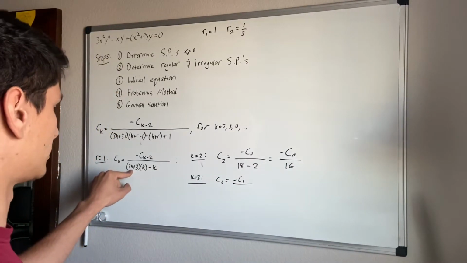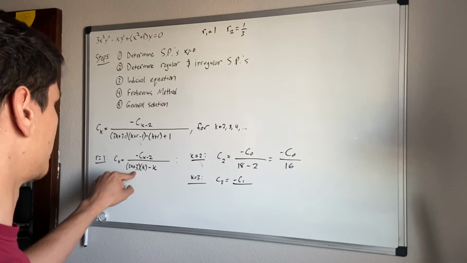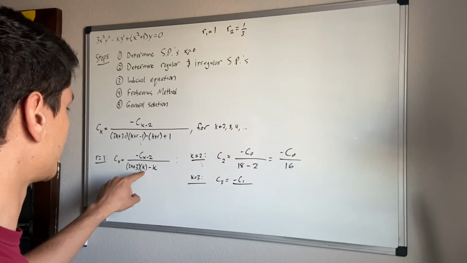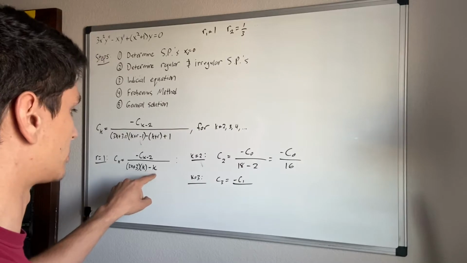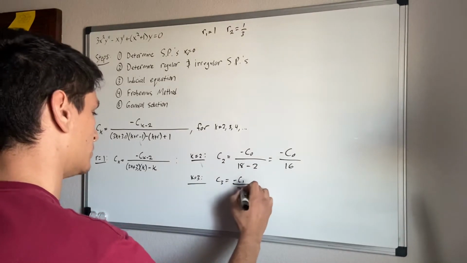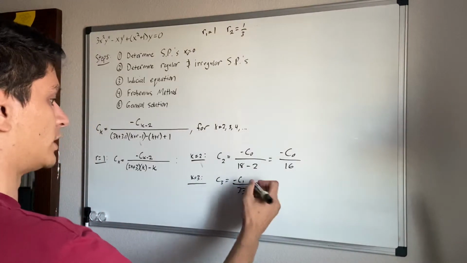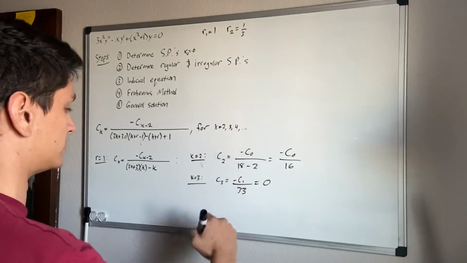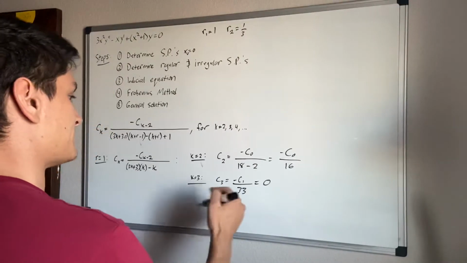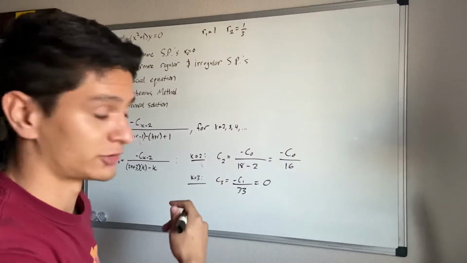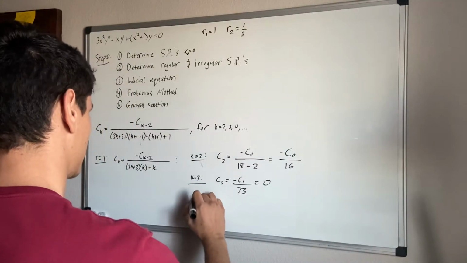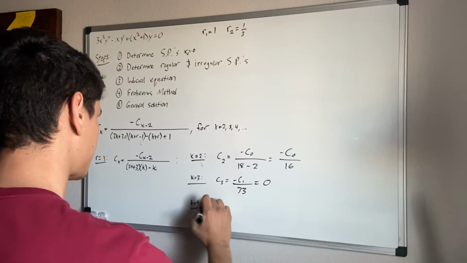Whenever you work this out, it's going to be 9 plus 3 is 12 times 3 is 36 minus 3 is 33. So negative c1 over 33. But c1 is 0, so c3 is 0. Then we might have some kind of pattern going here. So let's go to k equals 4.